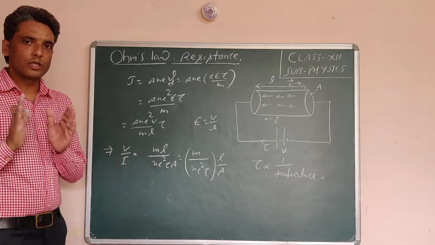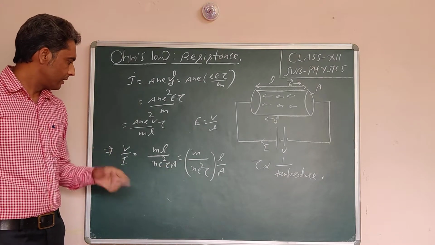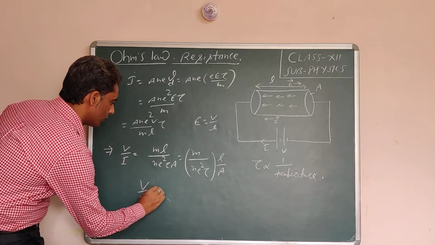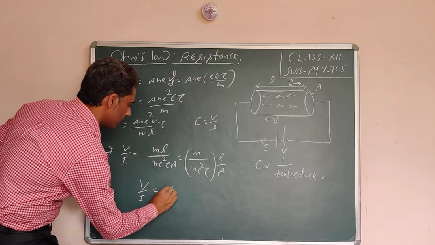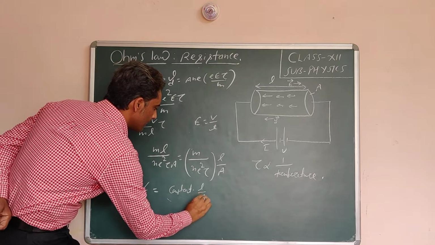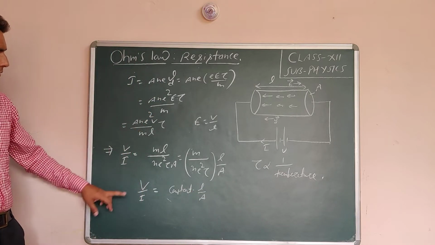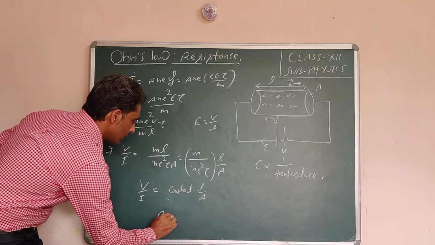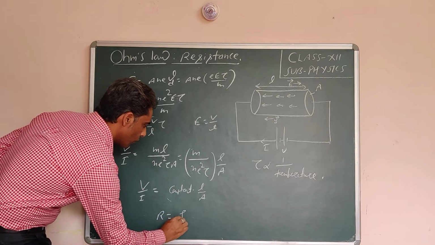Now at constant temperature we can say that this V over I is equal to some constant into L by A, and we already know this V over I is R. Here this constant is rho.